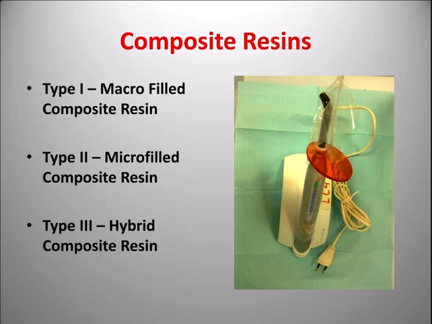Nowadays we even have nanofilled composite resins. The hybrid can be used both in anterior as well as posterior areas. Microfilled is used in the anterior, where aesthetics is of concern, and macrofilled where we want the restoration to withstand more occlusal or masticatory forces.